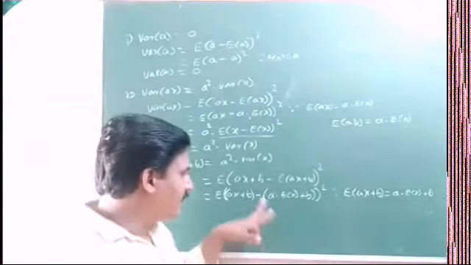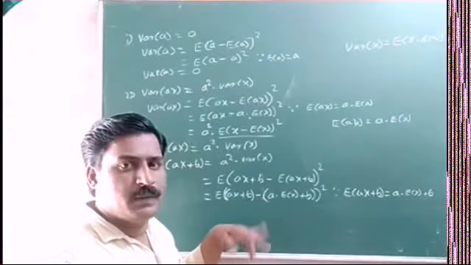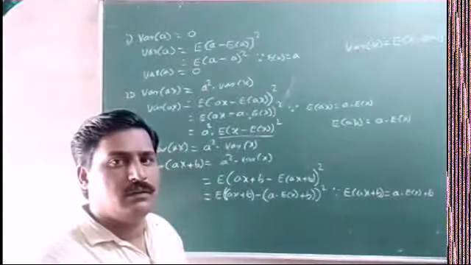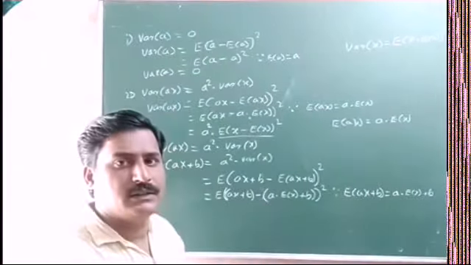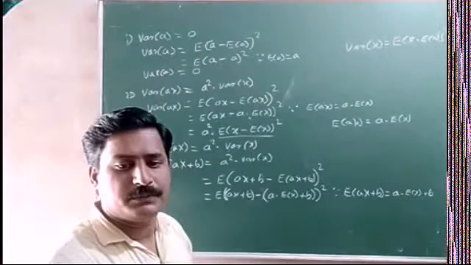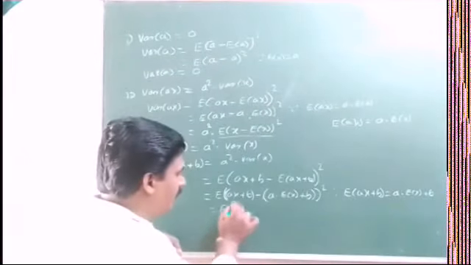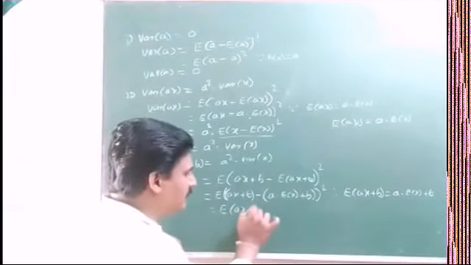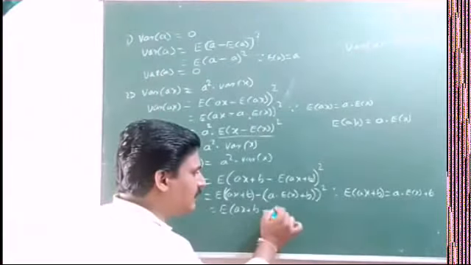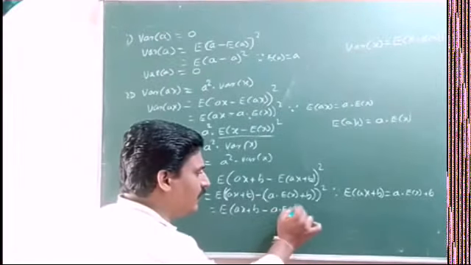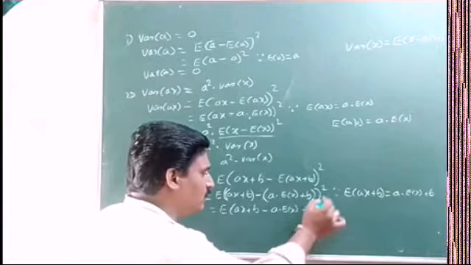Now there is a minus sign here, so multiply it with all the values inside. So what does it become here? E of ax plus b minus a into E of x minus b whole square.